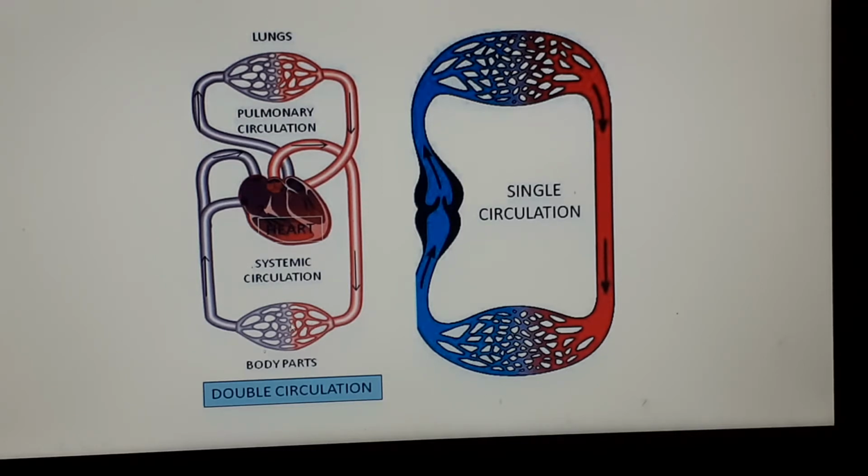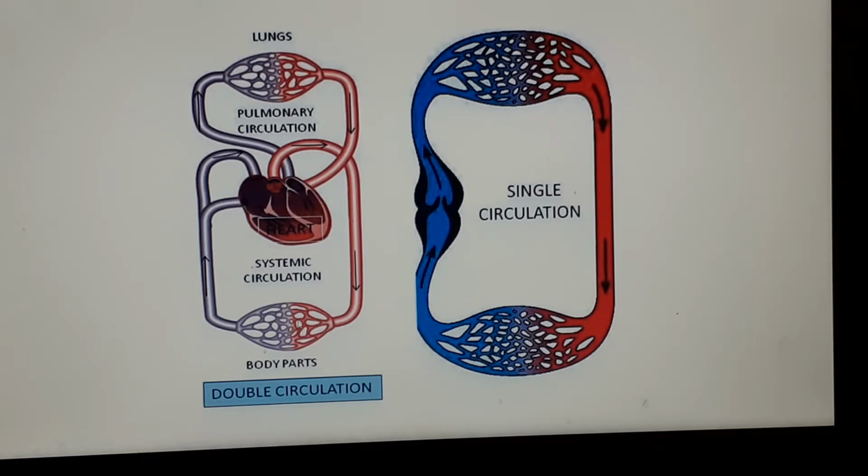Once these capillaries are formed, what happened? It collects the waste material and mixes with the vein. It becomes larger, and at last we get the upper vena cava and lower vena cava. See how it is?